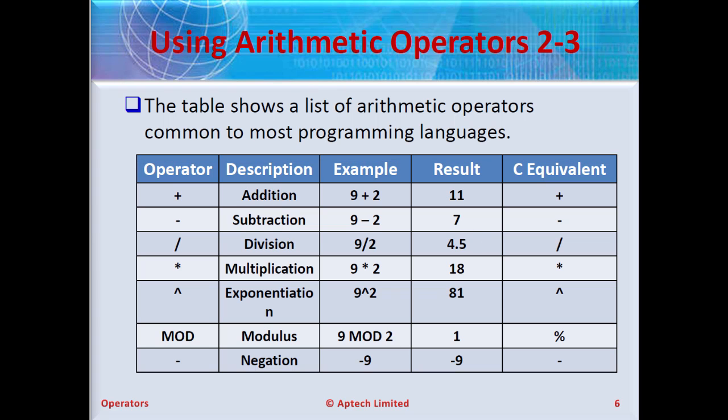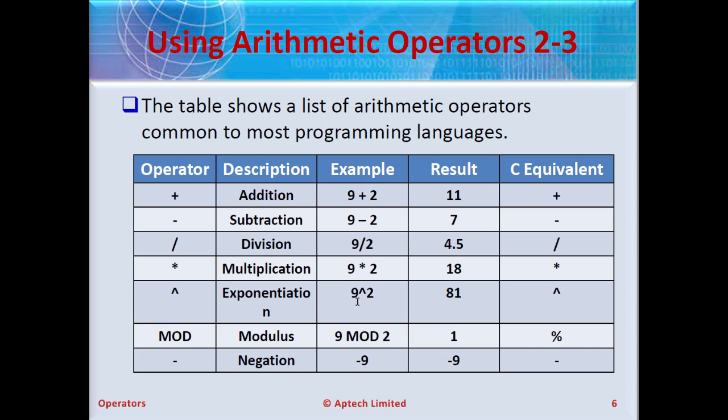We move on. We have multiplication. The asterisk is what is used for multiplication. An example is 9 times 2, which gives us 18. The C equivalent is the asterisk symbol. We have the caret. The caret is used for exponentiation. Exponentiation means raising one number to a given power, like this example we're given here.